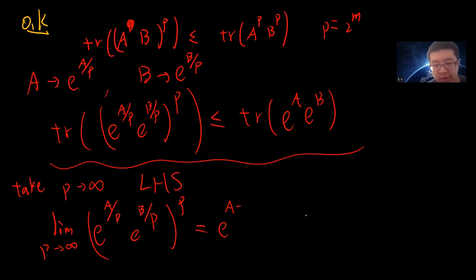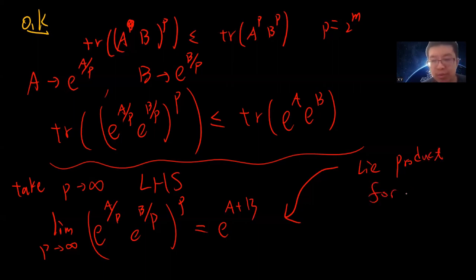So this is the famous Lie product formula. If you don't know how to prove it, I will post a link below. Basically, you can use the matrix log, or expand the Taylor expansion, neglecting terms like 1 over P squared, and then taking the power of P, this will be small if you take P to infinity.